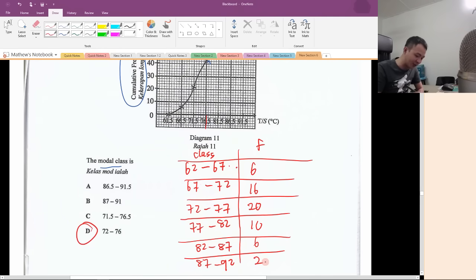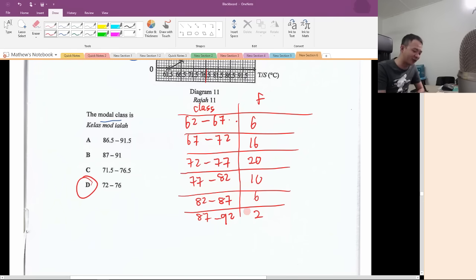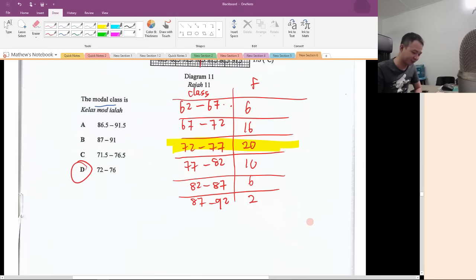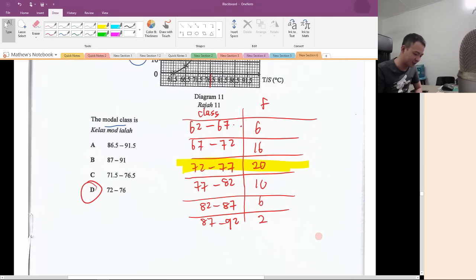The last one is 2. Alright, this is how you find all the frequency. After you come out all the frequency, obviously you know the modal class will be this one, isn't it? I hope you can understand how you get the things.